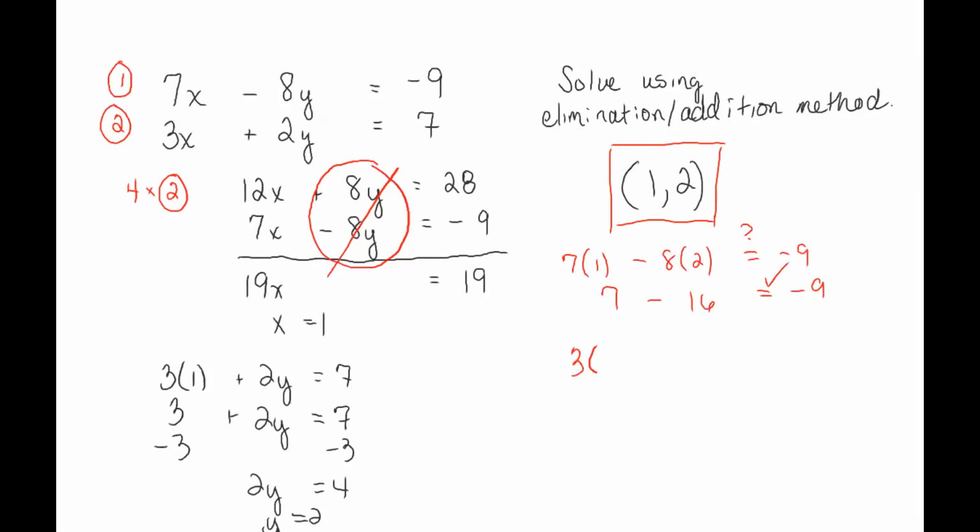And 3 times 1 plus 2 times 2, we want to make sure that's 7. 3 plus 4, yes it is. So we can always check back in the original equations and come up with our solution. Does that make sense?